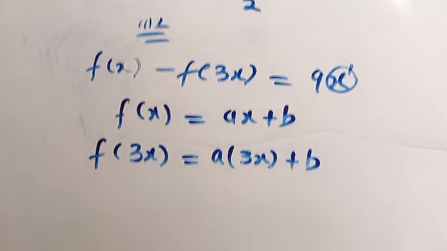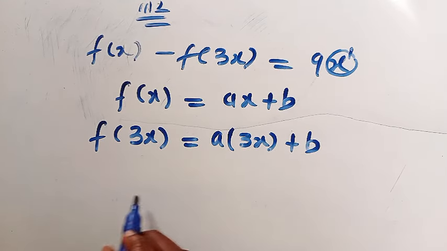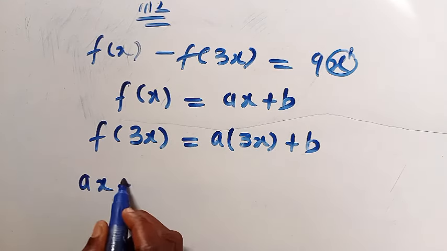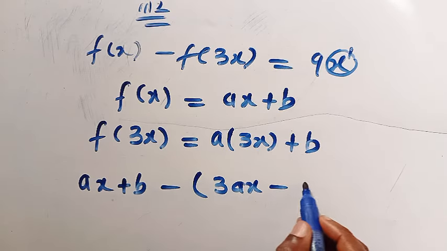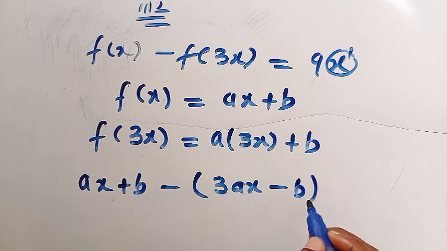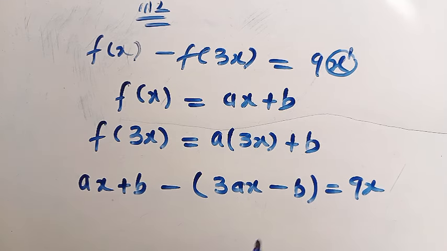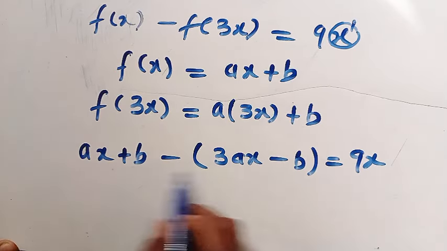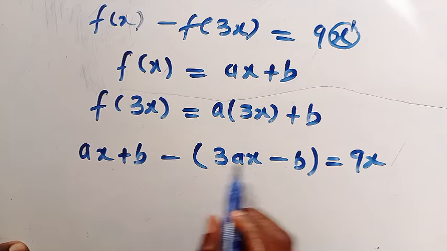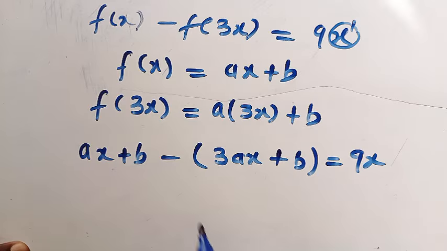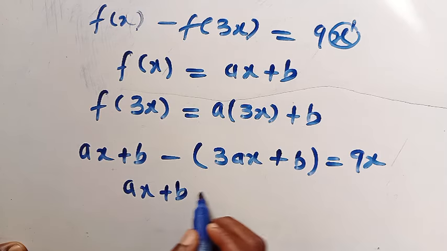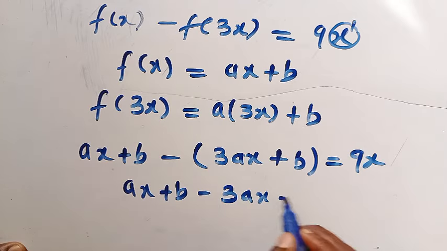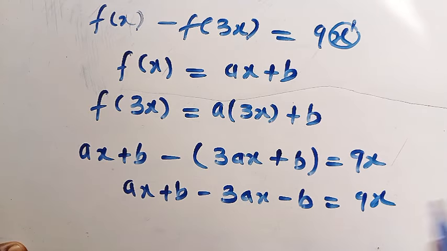By subtracting these from each other, we are going to have ax plus b minus the bracket 3ax plus b, everything equals 9x. So subtracting, we have ax plus b minus 3ax minus b equals 9x.